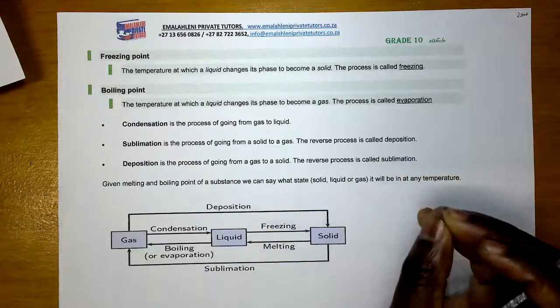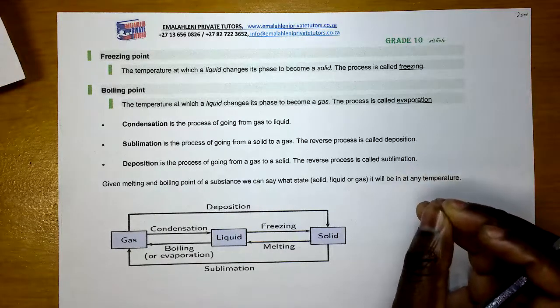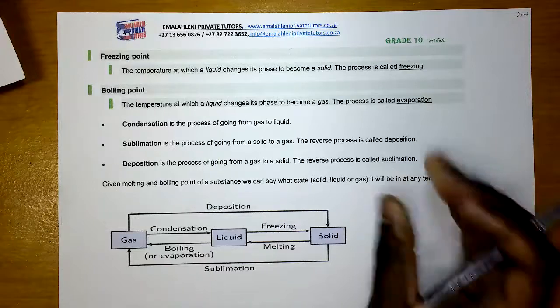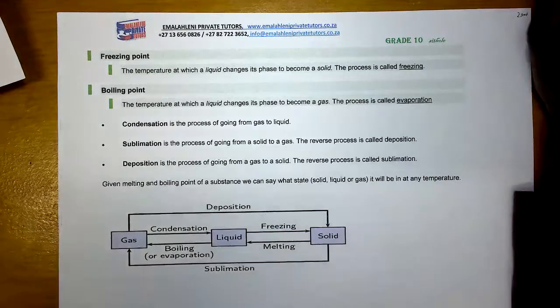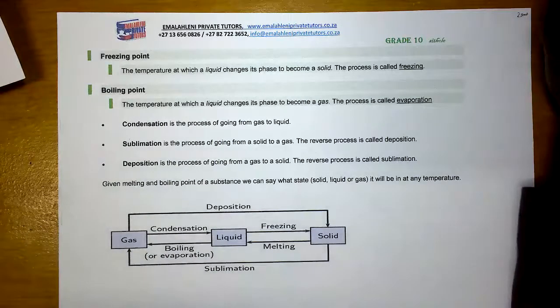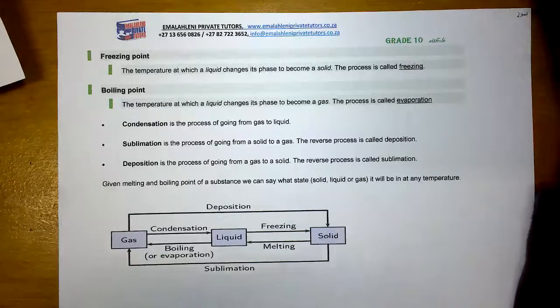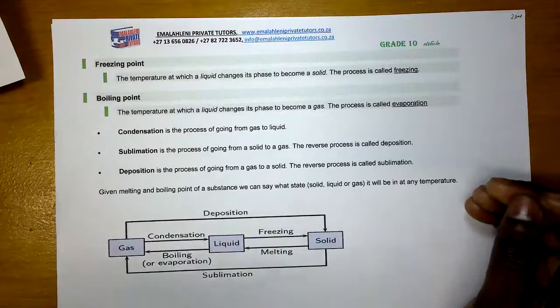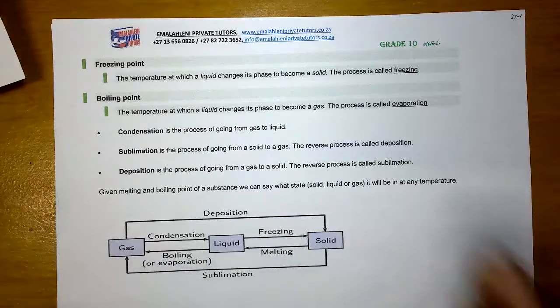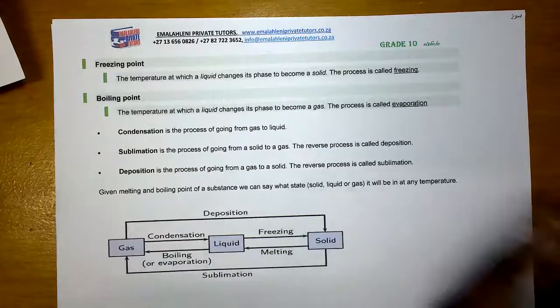I think you know those people selling ice cream, if you check the ice used in cooler boxes, you never see liquid inside, you only see the ice, and when the ice is finishing, what happens there is what we call sublimation. It's changing from solid to gas, and the reverse of sublimation is deposition, which is from gas directly to solid. There is no liquid phase there.